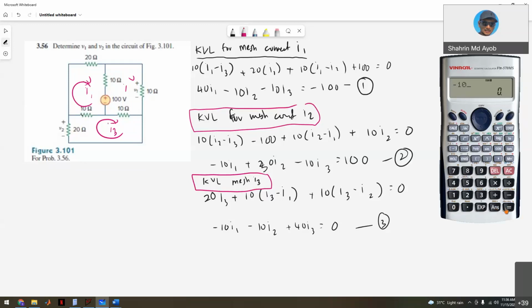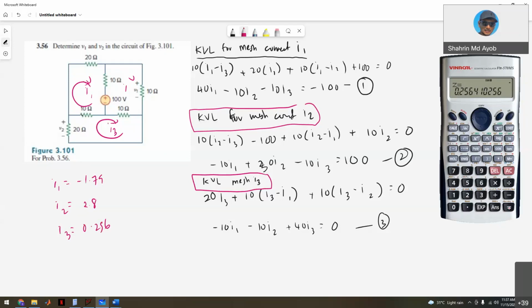Negative 10 equals to 100. Negative 10, negative 10, 40. And the answer is 0. So you will obtain my I1 is negative 1.79, my I2 is 2.8, my mesh current I3 is 0.256. Okay, so this is the answer for the mesh currents.